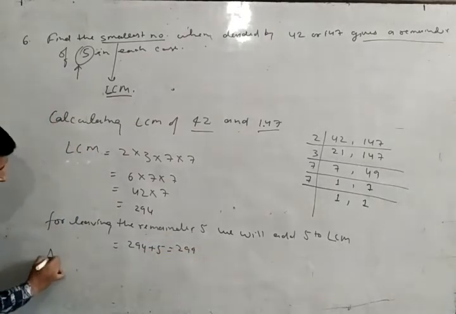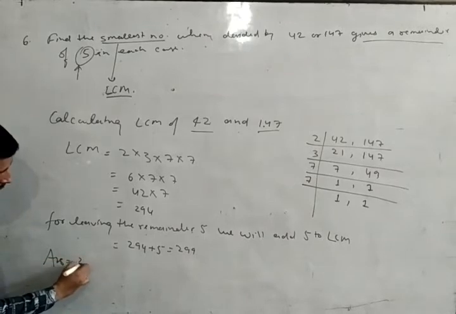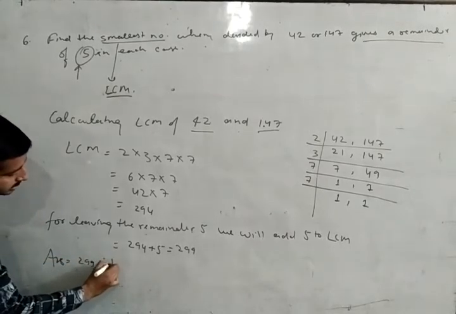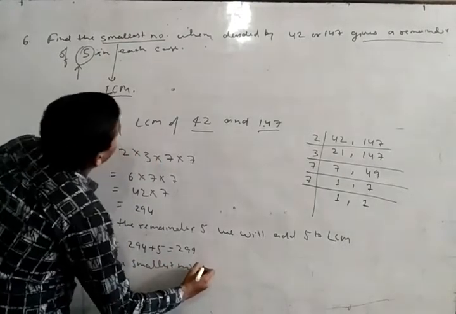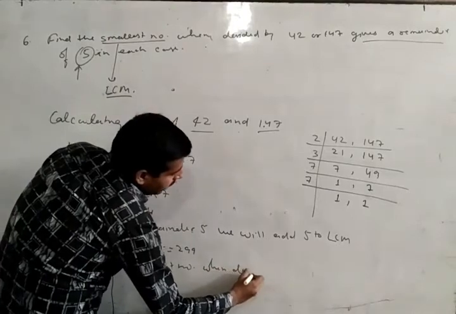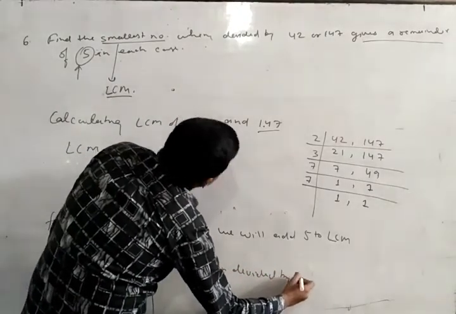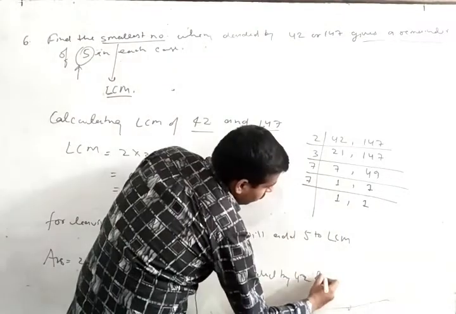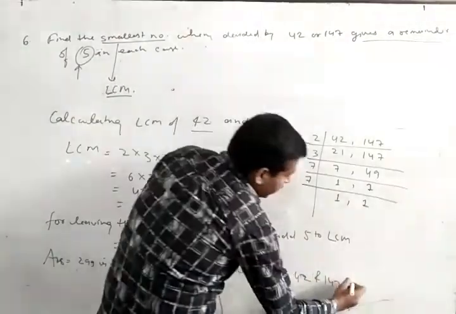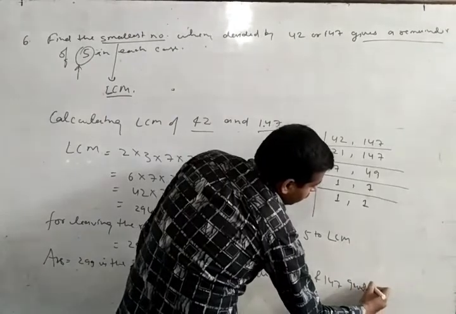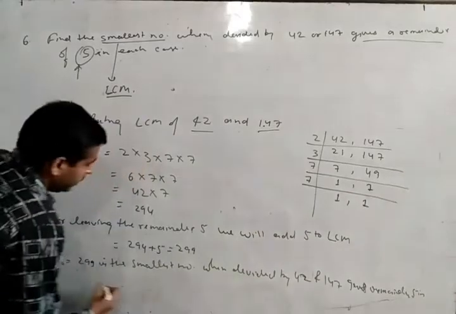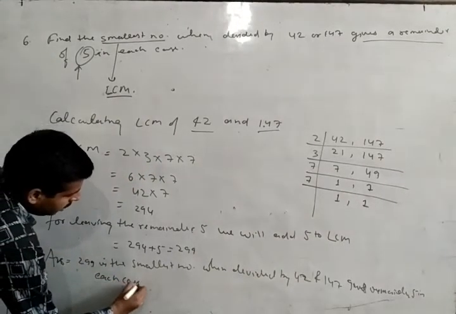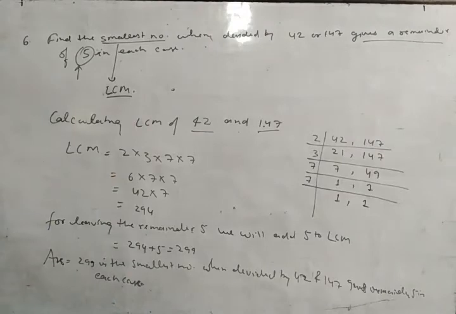So our answer is: 299 is the smallest number which when divided by 42 and 147 gives remainder 5 in each case. And that's it. It is our last type of question.